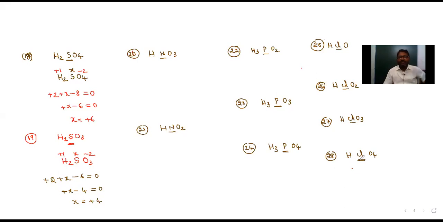And now I want to calculate for chlorine in this compound, HClO4. Let the oxidation state of chlorine be X. Hydrogen is +1. What about oxygen? Always -2. 1 into 1, plus 1 into X, plus 4 into -2. It is a compound, so X minus 7 is equal to 0. X is equal to +7.